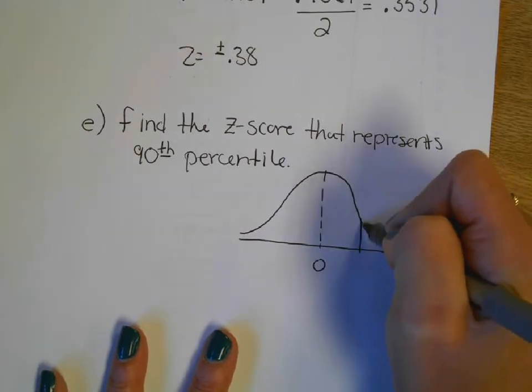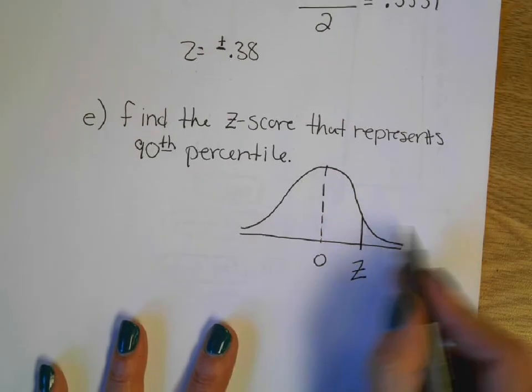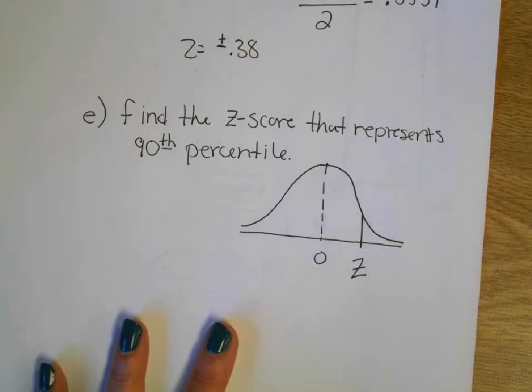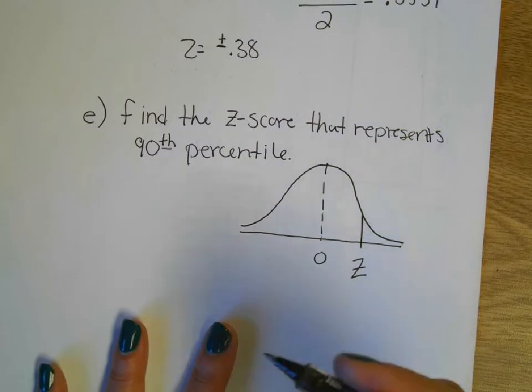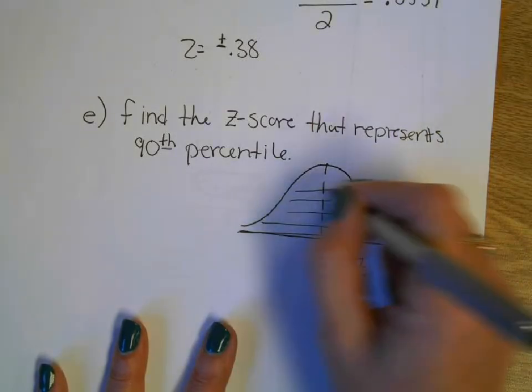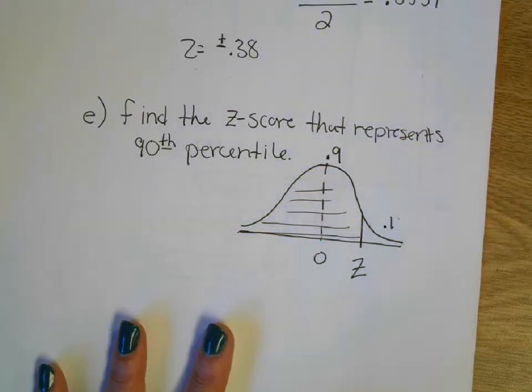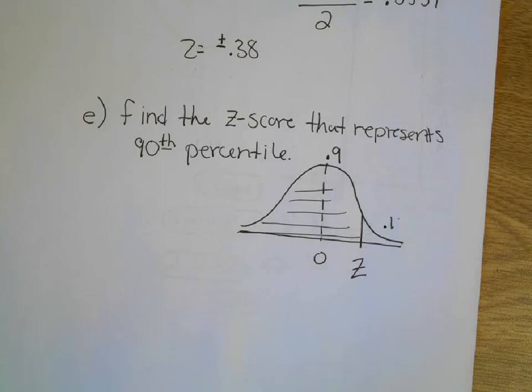Positive. What do I know about these 2 areas now? 90% behind me. So this would be 0.9 and this would be 0.1. You're better than 90%, so what's behind you is 90% of the graph.